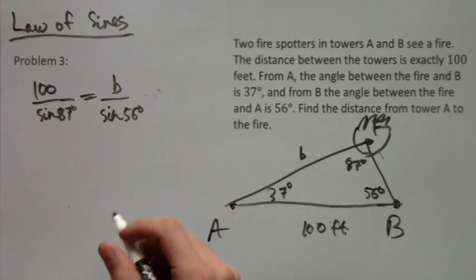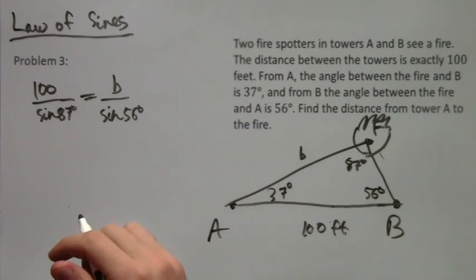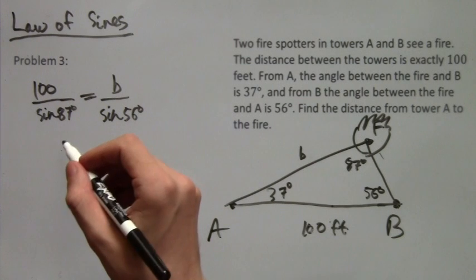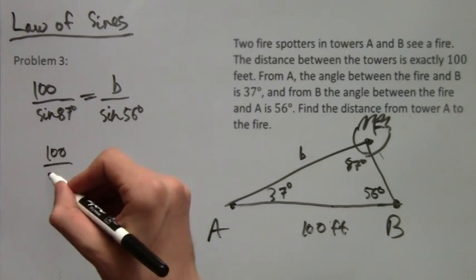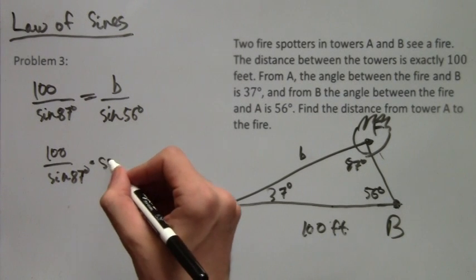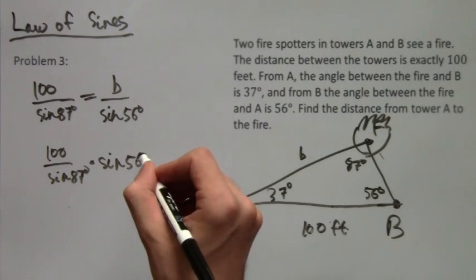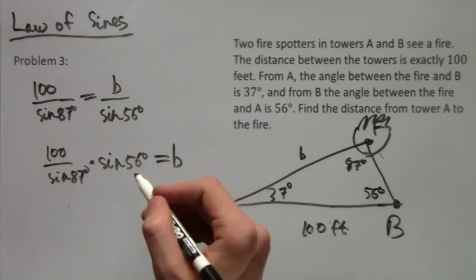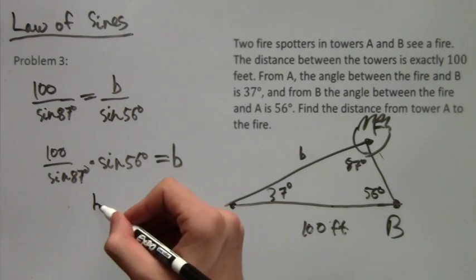So since we're only asked for the distance from A to the fire, which is b, we don't need to use the other part of the law of sines. So we just solve for b, and we get 100 over sine of 87 times sine of 56 degrees equals b. And now I plug all of this into a calculator, and it'll give me the answer.